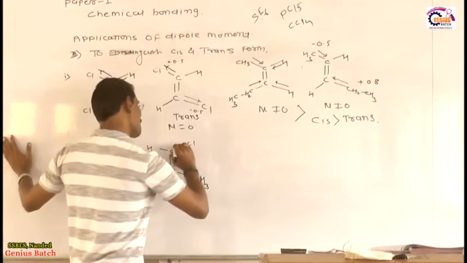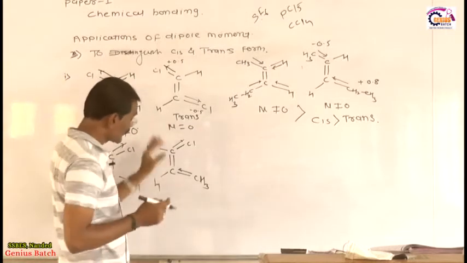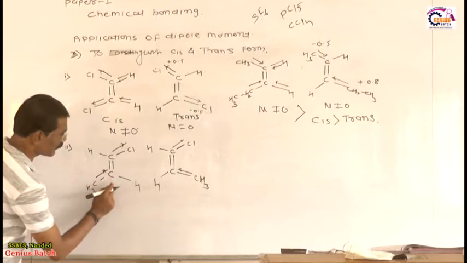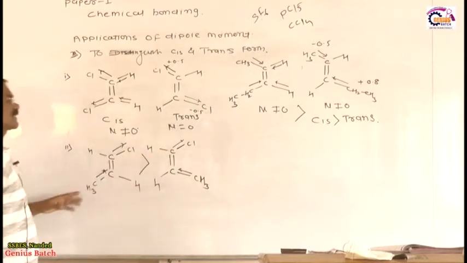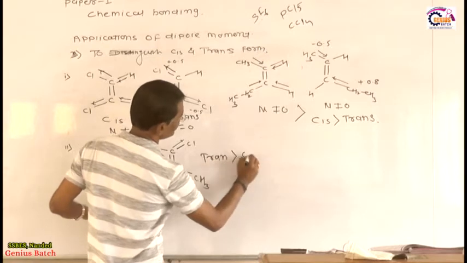But in the trans case, both have opposite directions, so this dipole moment is subtracted from this. So my dear student, the dipole moment of this is always greater than this. It means that the dipole moment of trans is always greater than cis.